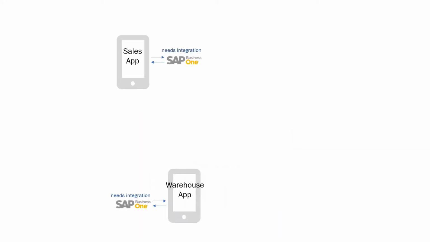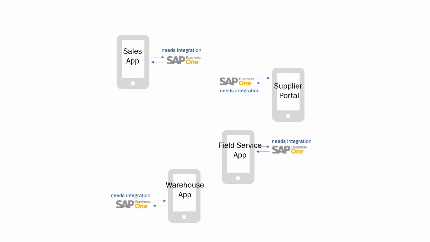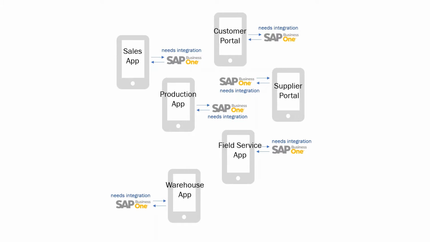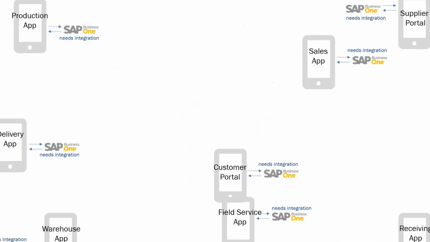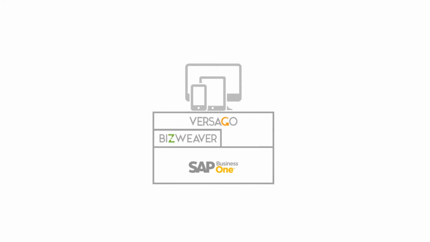Historically, this is what the space typically looked like. You'd have standalone apps or portals that were quite inflexible and required custom coding if you needed anything specific to your business.